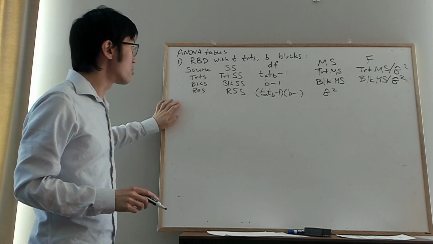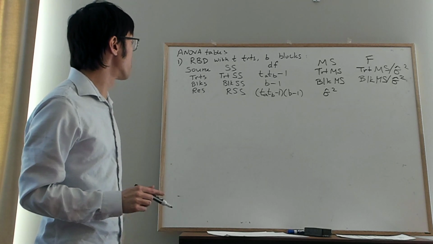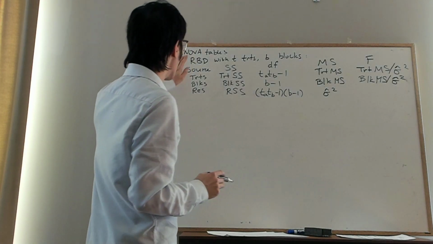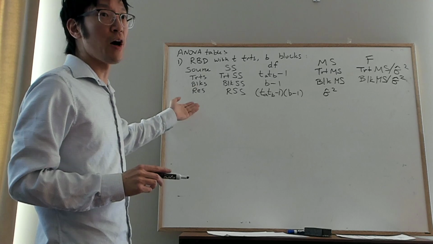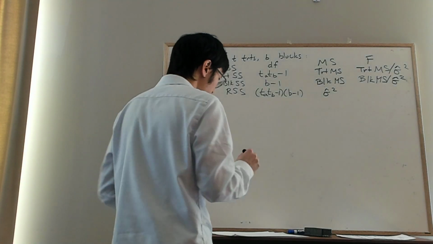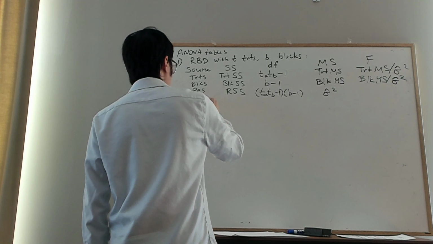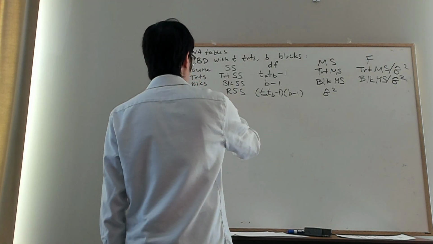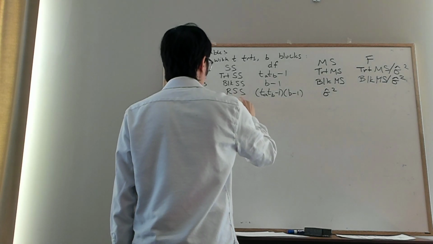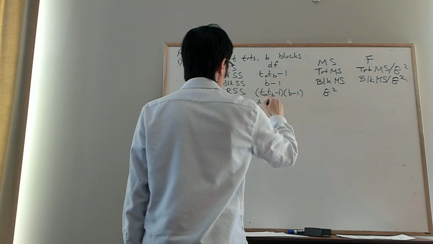Now I'm going to put it next to the ANOVA table for RBD, but expressed as a two-factor model with interaction. So this is the second one: RBD with factors A and B and interactions.